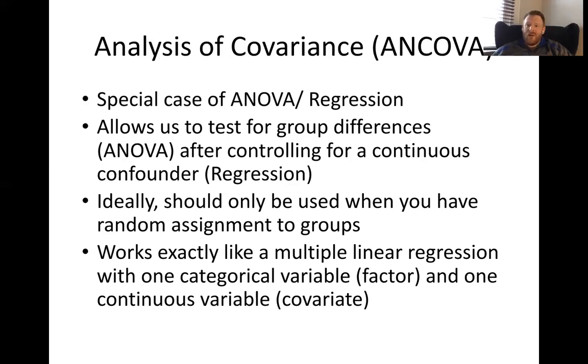And an ANCOVA model is really a multiple linear regression model, but a special one where you have one categorical variable, which is a factor. That's the ANOVA part. And you have one continuous variable, which is your covariate. So this is kind of a specialized ANOVA regression hybrid that can be really, really useful in very specific circumstances.